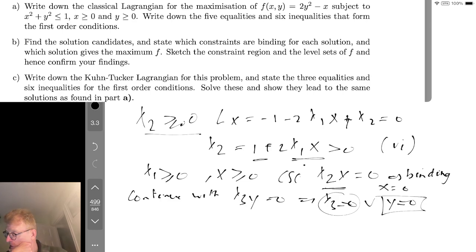So you get two critical points, with lambda 2 bigger than 0, a binding constraint, so x is 0.